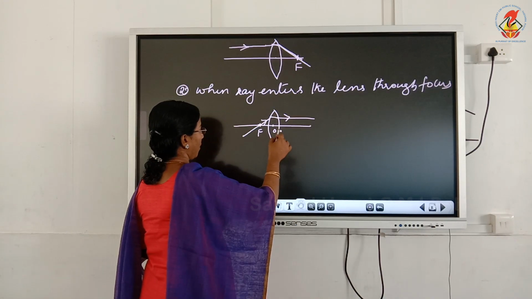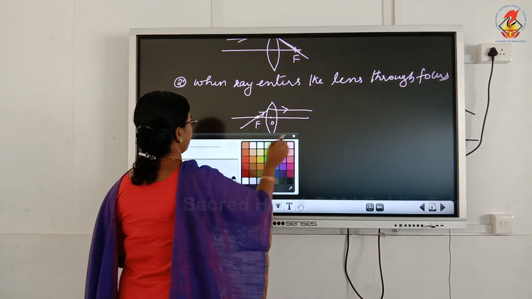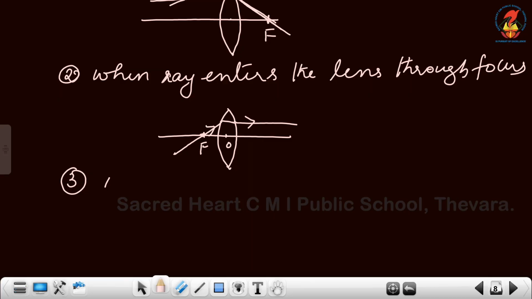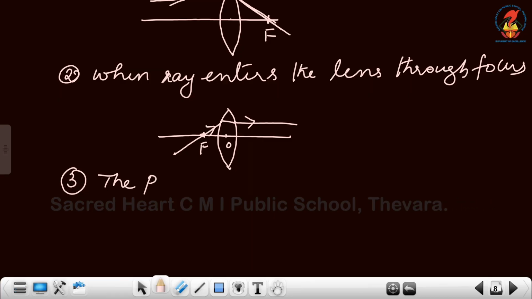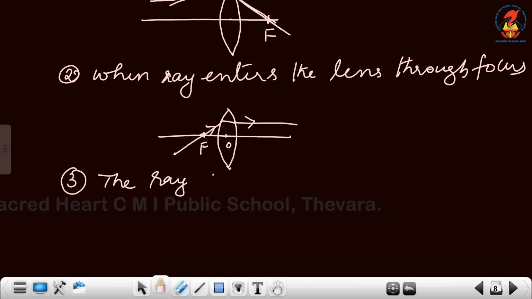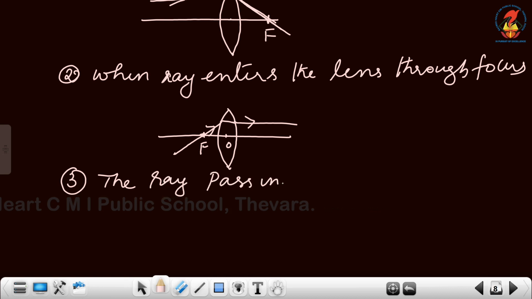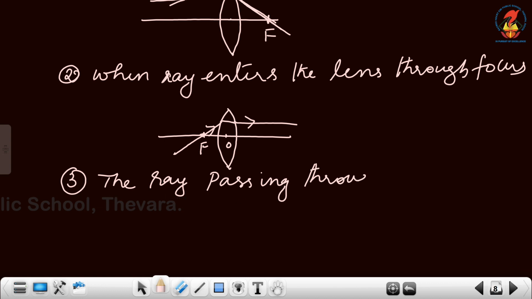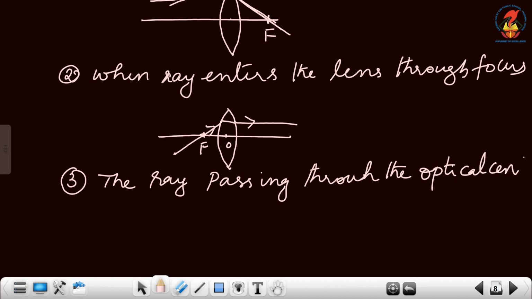And the third point, the ray which passes through the optical center.